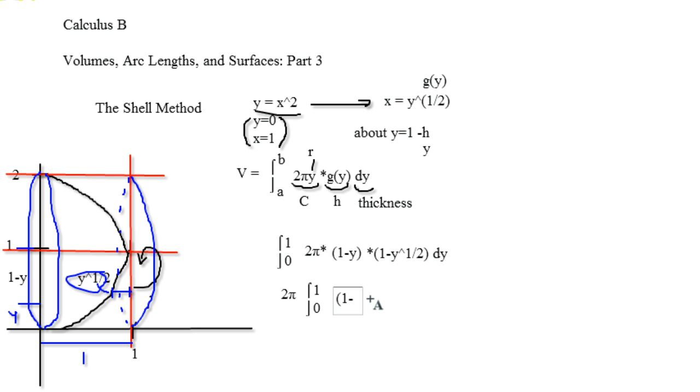So this will be 1 minus y to the 1/2, minus y, plus y to the 3/2, and then you would have your dy.